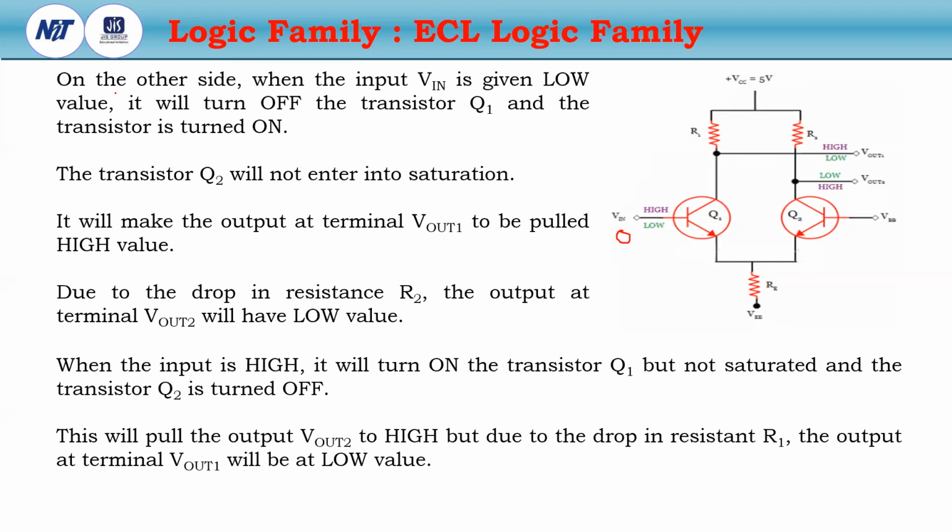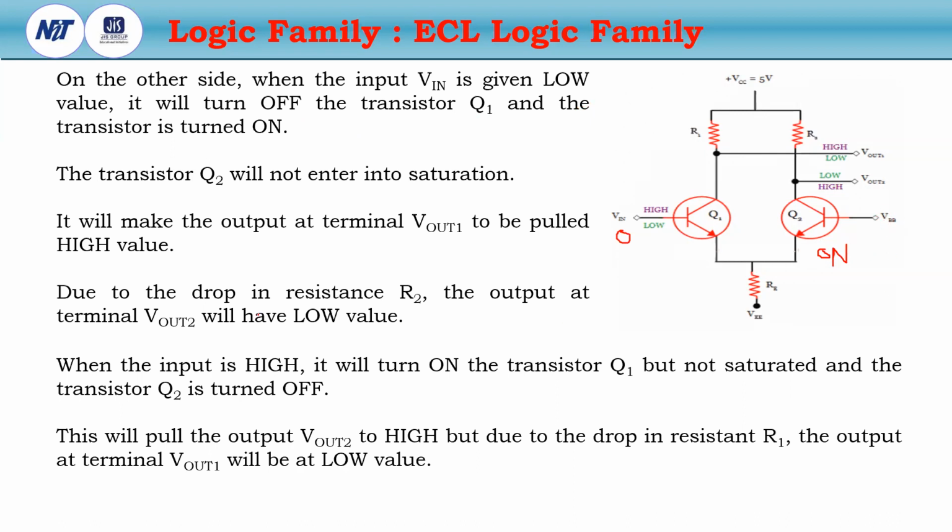Please note it down. When the input Vin is given low, it will turn off the transistor Q1 and the transistor Q2 will be turned on, because this is ground and this is at Vref.